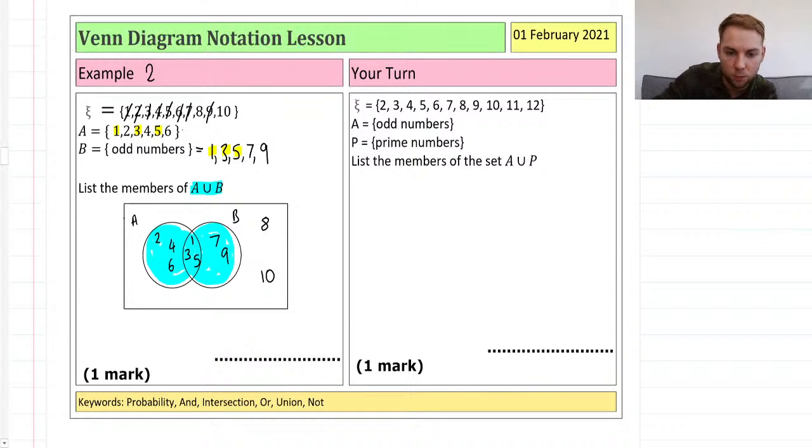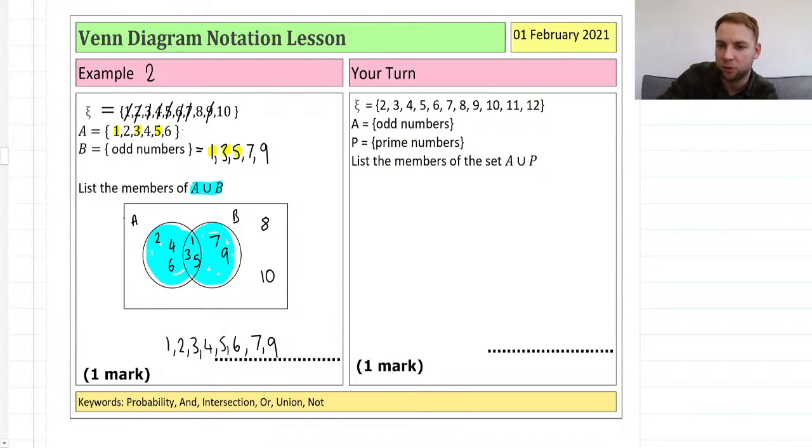So it's going to be 1, 2, 3, 4, 5, 6. And then the ones which are left over in B are 7 and 9. So that's everything in A or B. Brilliant.